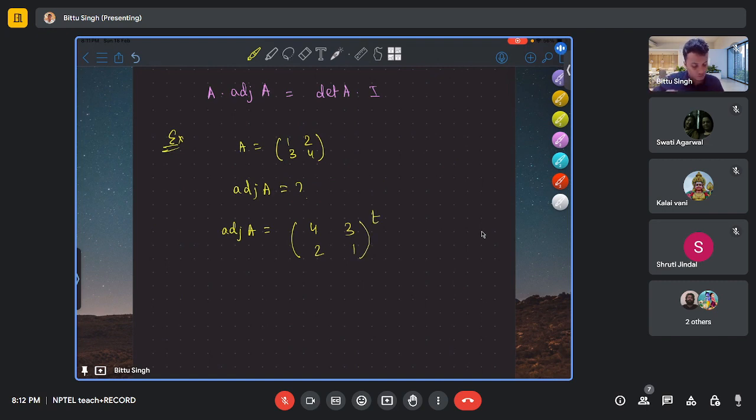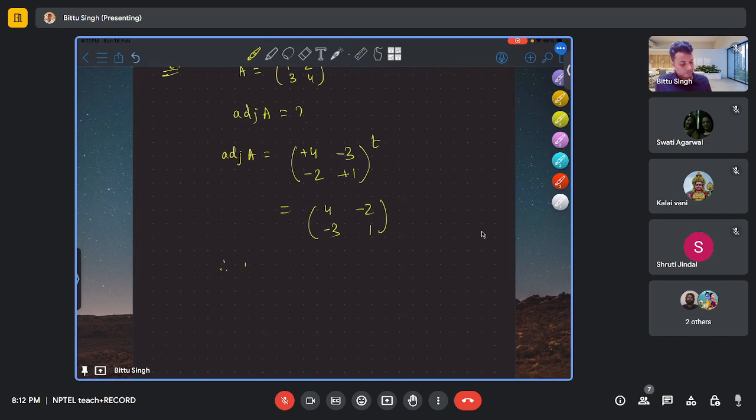Transpose of this, but we need to consider the signs: plus, minus, minus, plus. Because minus 1 to the power 1 plus 1 is plus, and minus 1 to the power 1 plus 2 is minus, and this will continue here also. So the adjoint can be written as 4, minus 2, minus 3, and plus 1.